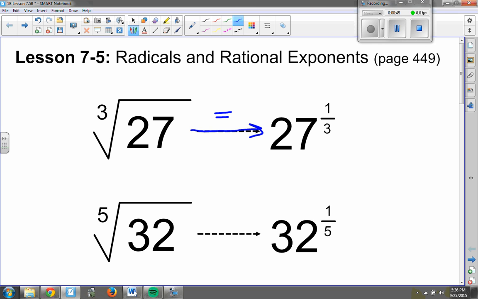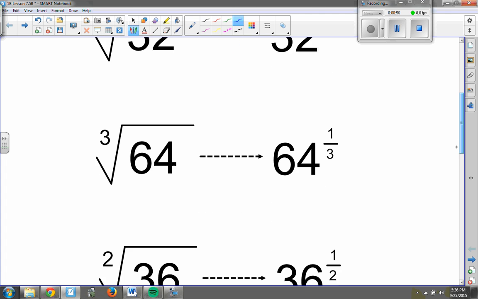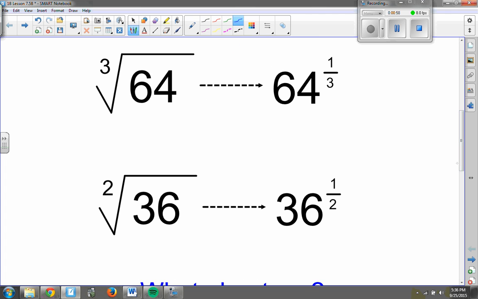Same thing with the fifth root of 32 and 32 to the 1/5 power. Looking at a couple more, the cube root of 64 is equal to 64 to the 1/3, and the square root of 36 is equal to 36 to the 1/2 power.